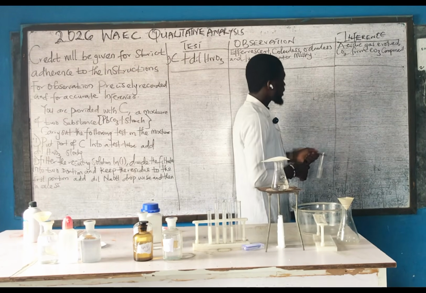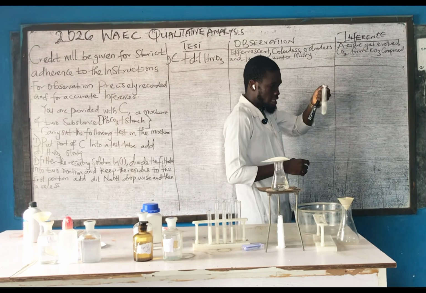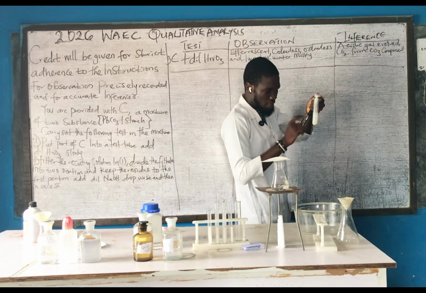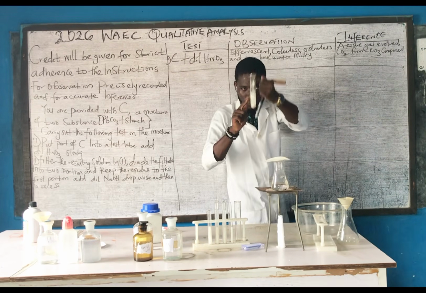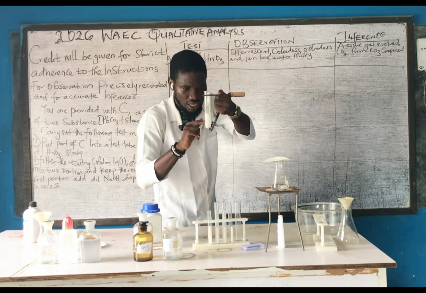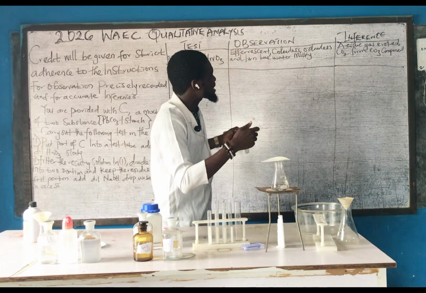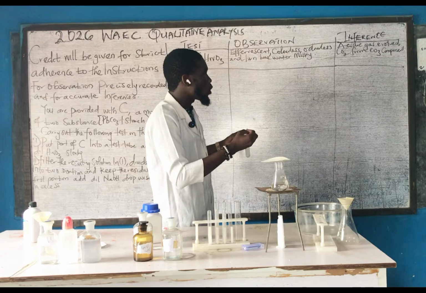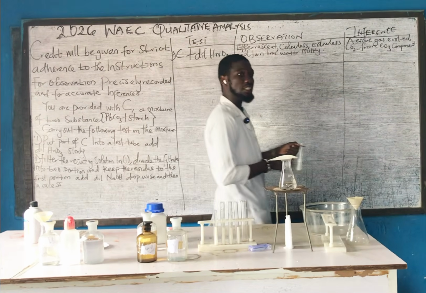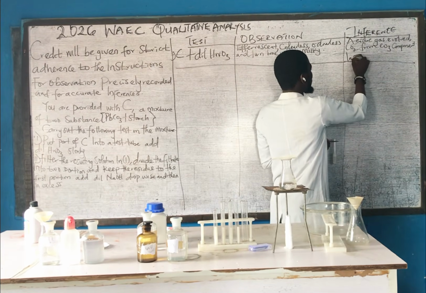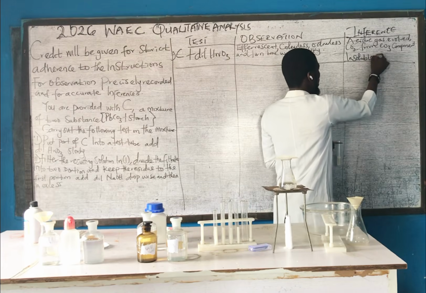When you look at it now, we have effervescence there. You can see how frothy it is. They are colorless, odorless. And the inference is acidic gas evolved, CO2 from CO3, and the remaining substance is insoluble.